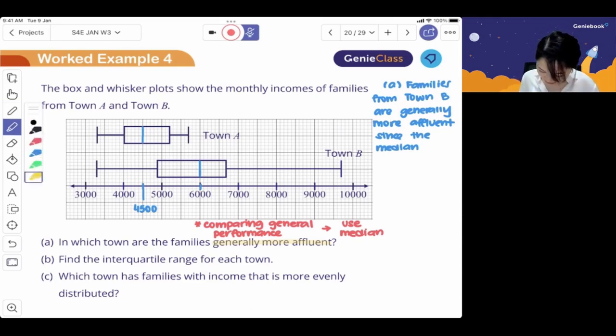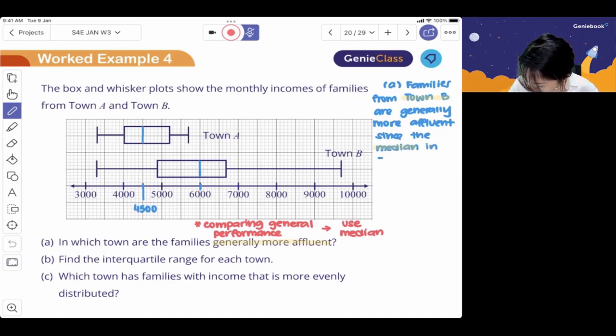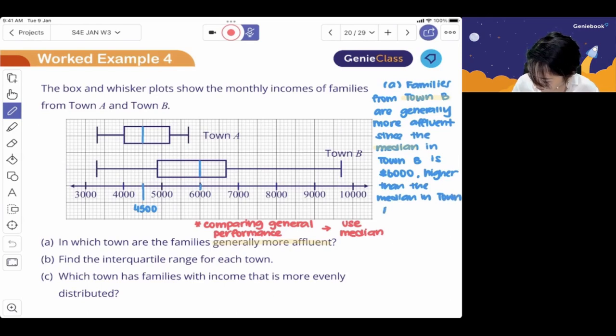So you need to answer the question by saying town B, and then state your mode of measure, how you are comparing these two sets of values. The median in town B is $6,000 higher than the median in town A.